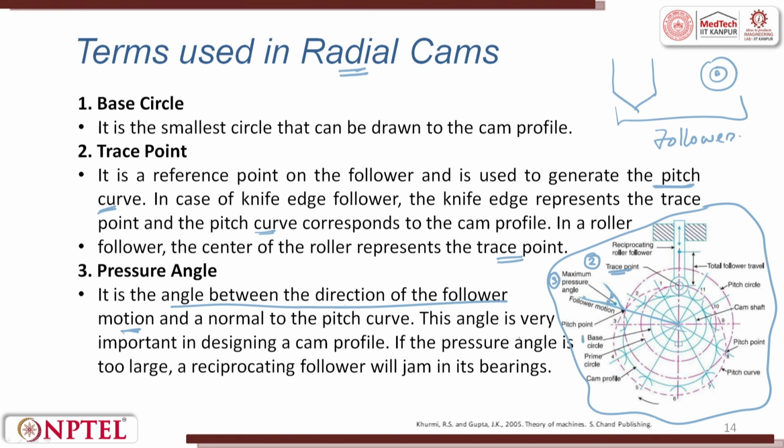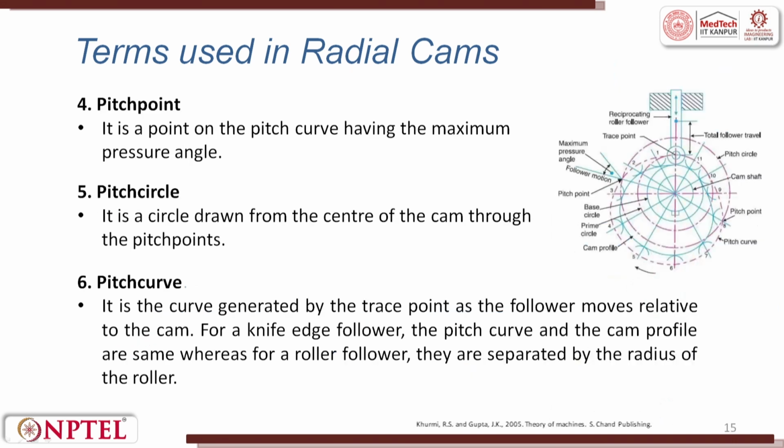This angle is very important in designing the cam profile. If the pressure angle is too large, a reciprocating follower will jam in its bearings. So, you have to be very careful about the pressure angle. A similar analogy is the pressure angle in gears, which we also saw is important. Here we are talking about the pressure angle with respect to the roller.